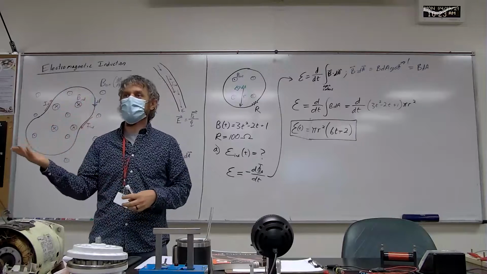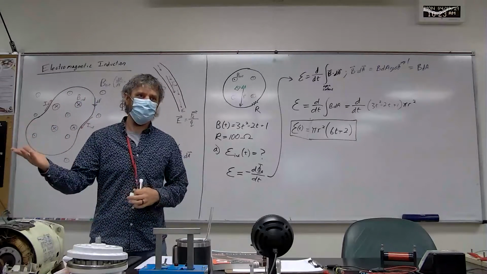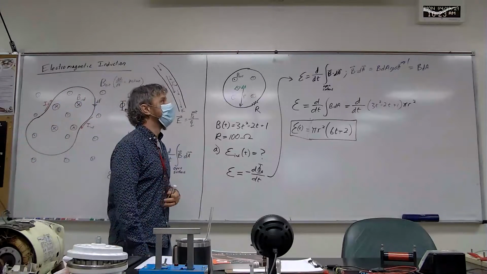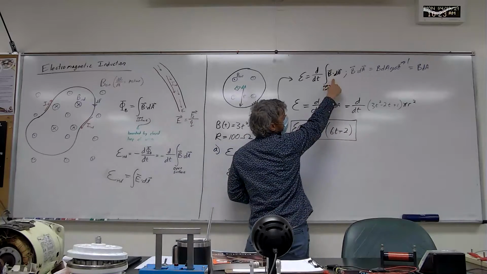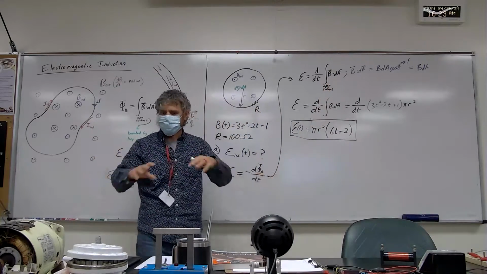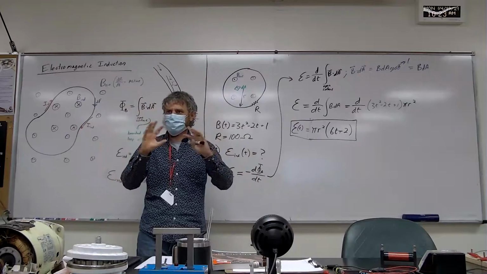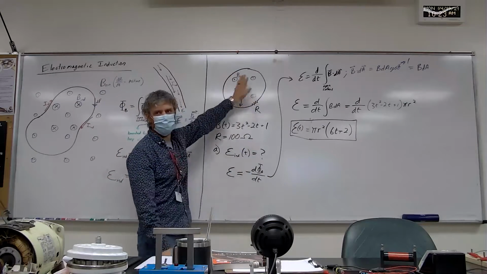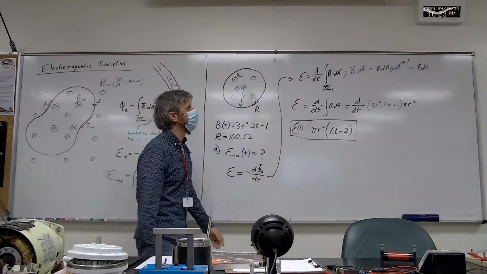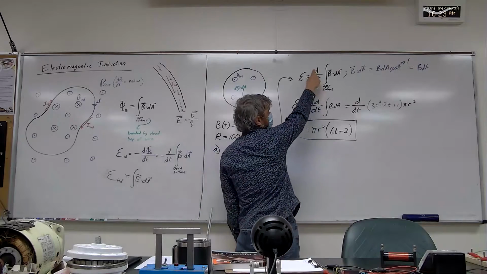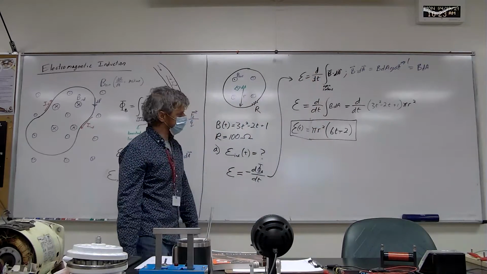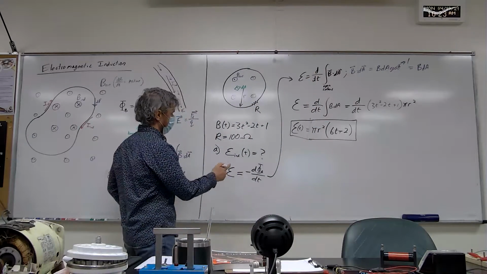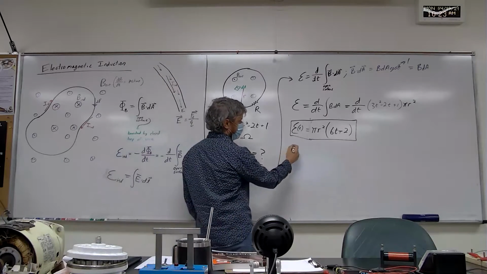We've been doing that with electric fields for years at this point, integral of E dot dA. So this is the same thing, only we're not going through a two-dimensional surface in three-dimensional space. We're just going through an area, right? And then you just do the derivative of that, and it's no big deal. So that's part A. Part A was find the induced voltage.